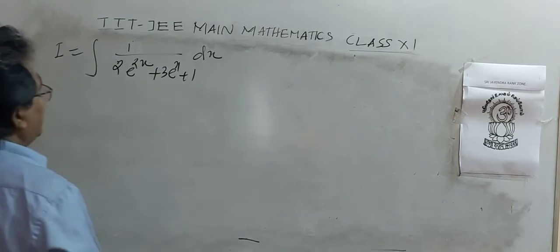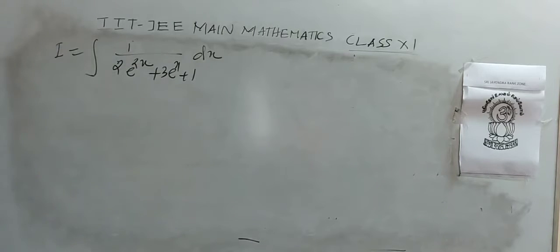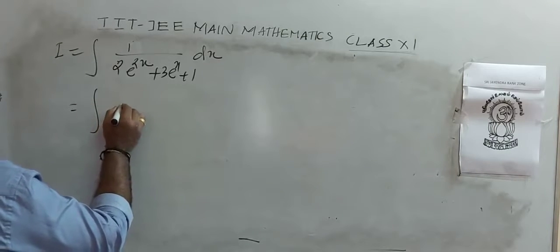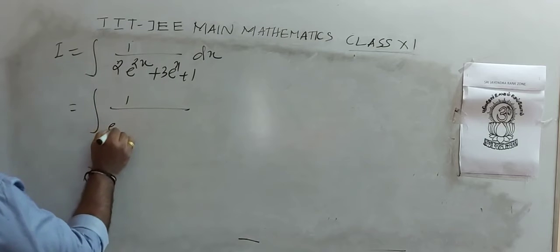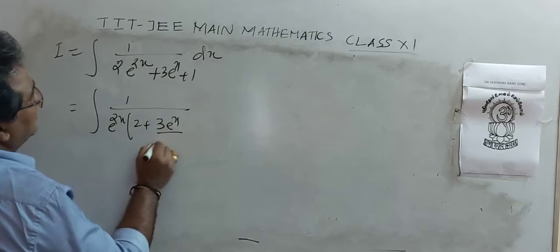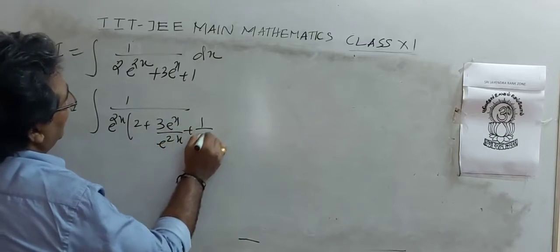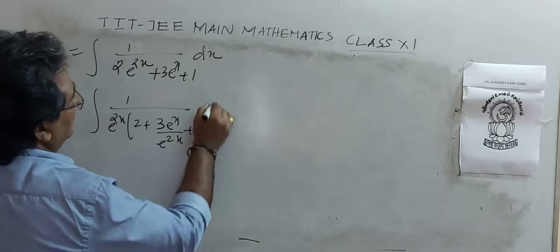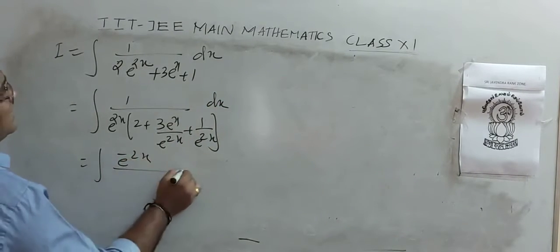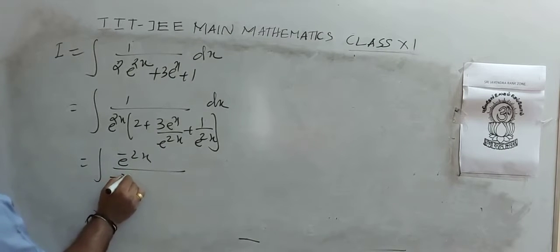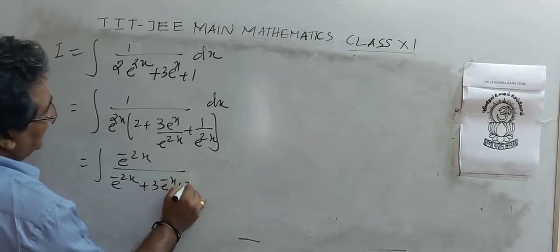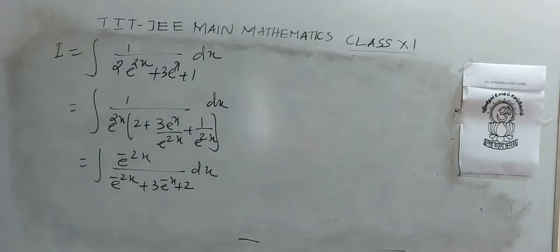So in this type of sums, you take the highest term e^2x common: 1 by e^2x (2 + 3e^x/e^2x + 1/e^2x) dx. That is e^(-2x) divided by (2 + 3e^(-x) + e^(-2x)) dx.